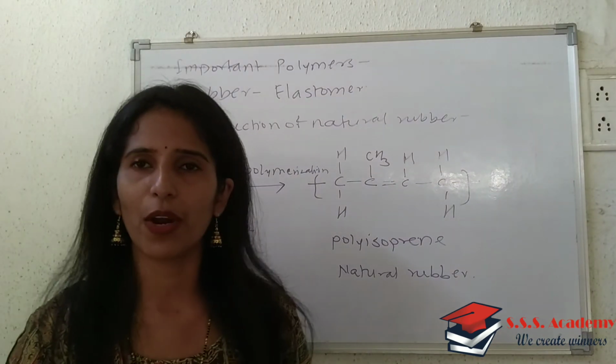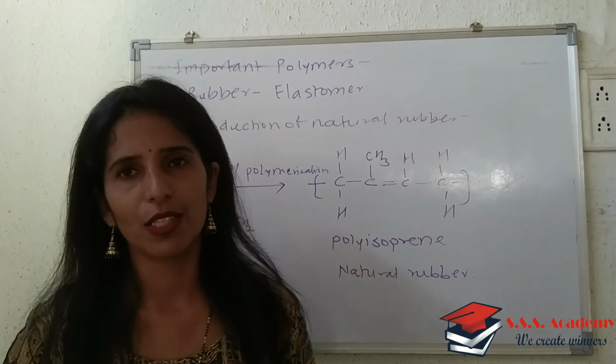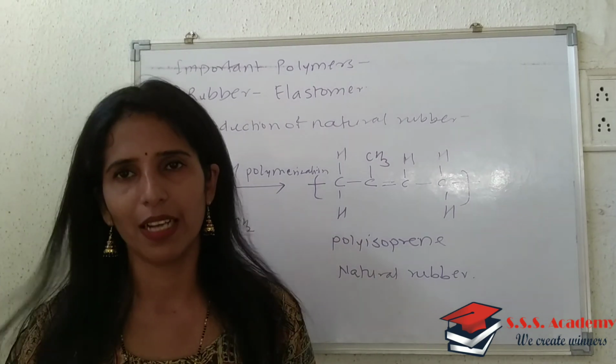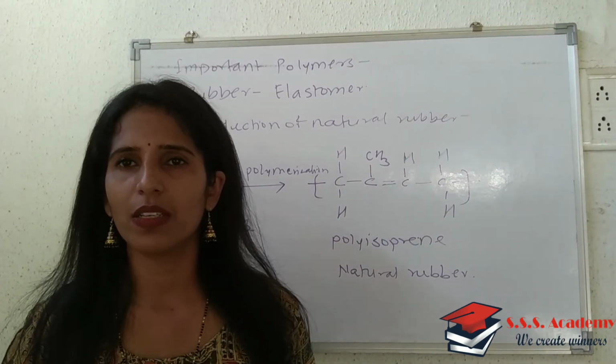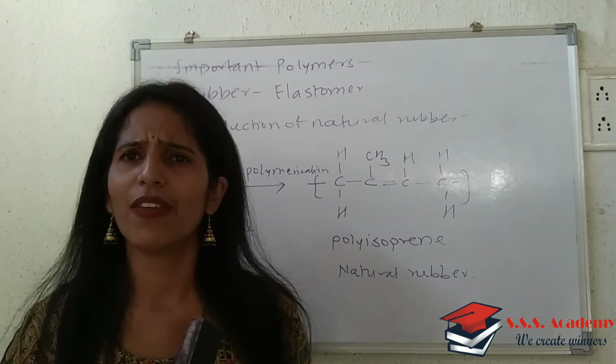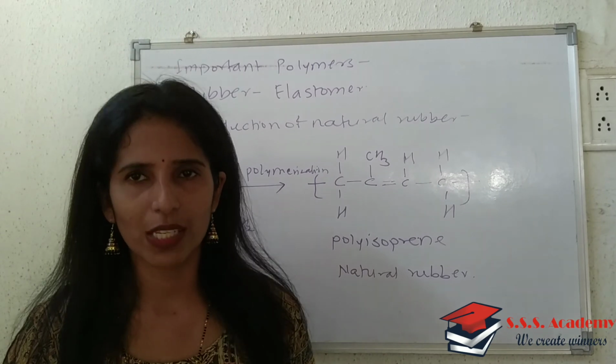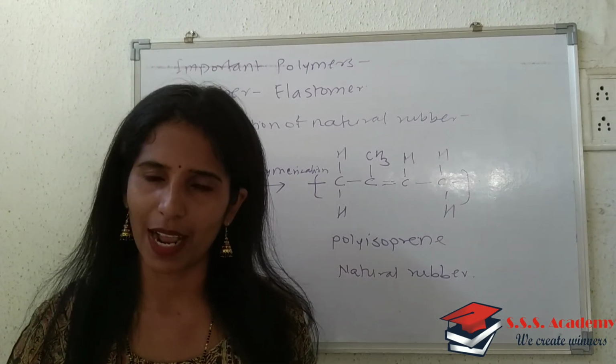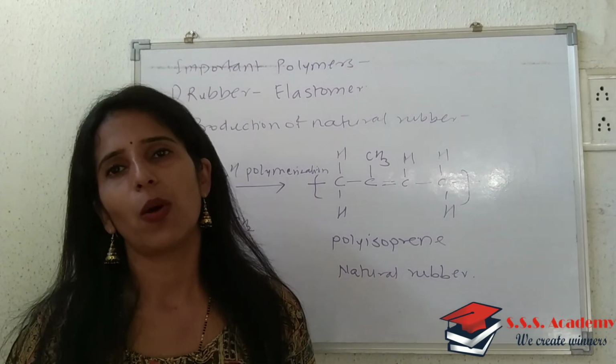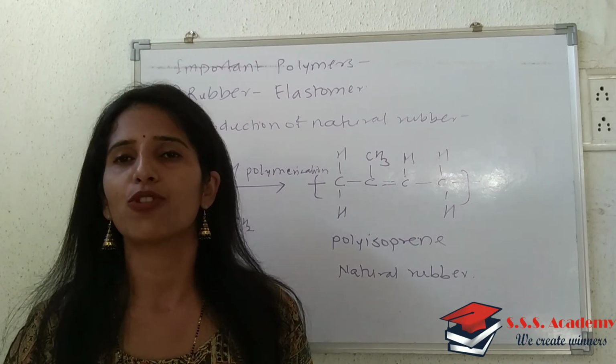In that you will write it consists of various chains which are linked together by weak forces, that is van der Waals forces of attraction. It is said to possess a coiled structure. So this point you are supposed to write in the first point.